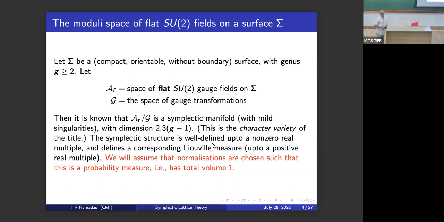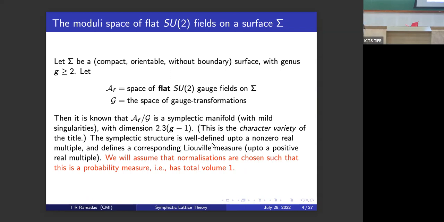This is the phase space of SU2 Chern-Simons theory on the space-time which you get by taking sigma and crossing it with R. It's known, and this is why it's called the phase space, that it's a symplectic manifold. It has a symplectic structure. It's one of the natural examples of a phase space which is not the cotangent bundle of a configuration space. And it has dimension twice 3g minus 3, where g is the genus of your surface.